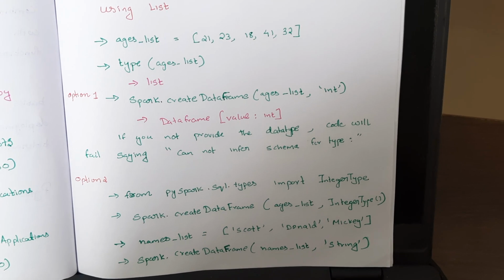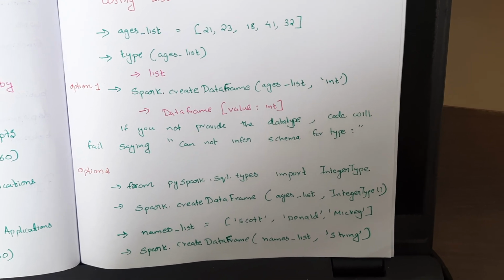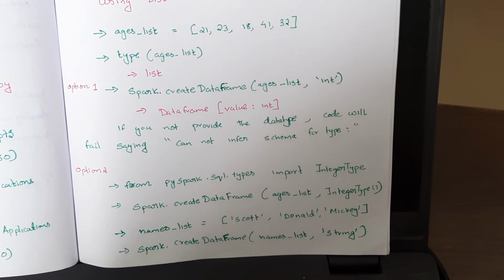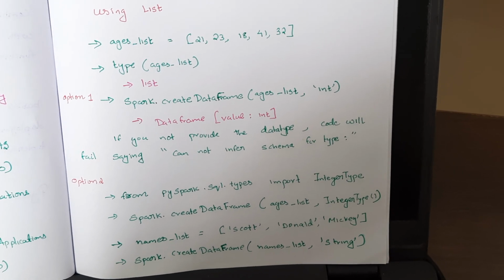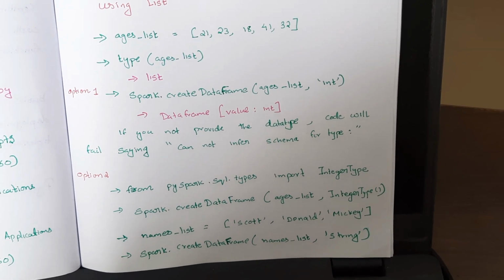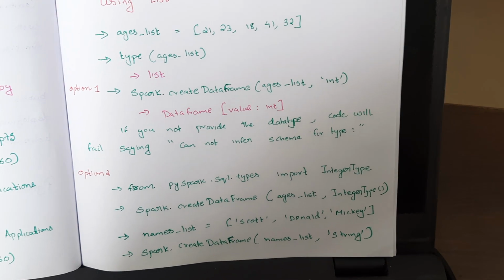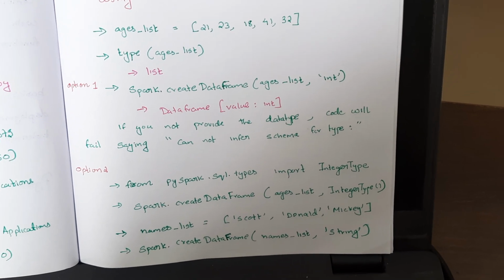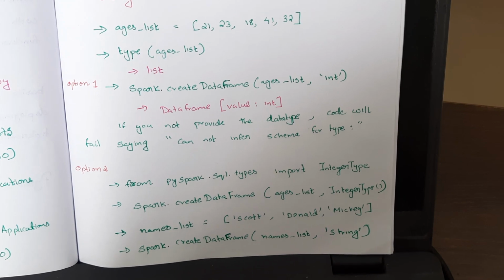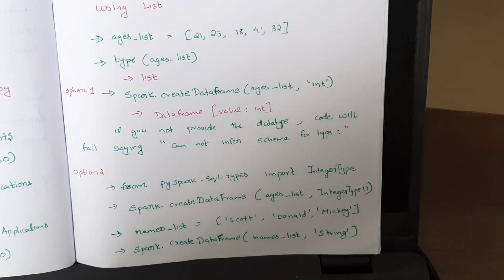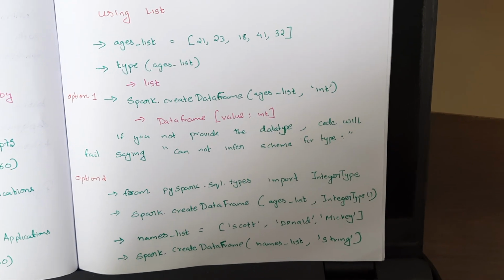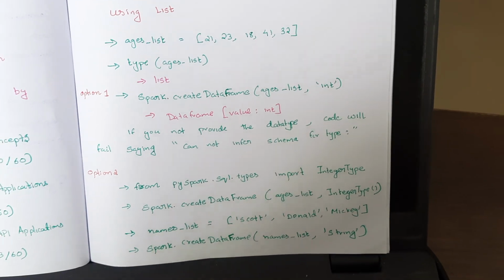Next we can see another example for string values. Let's say we have a variable names_list, which has a list of names like Scott, Donald, Mikey. If you try to create it based on the first option, spark.createDataFrame names_list comma string, the list is a string list, so we are passing the data type as string.